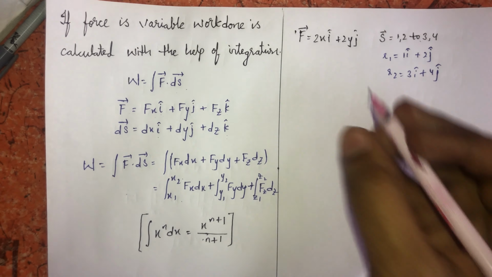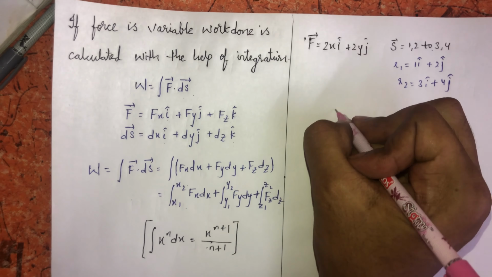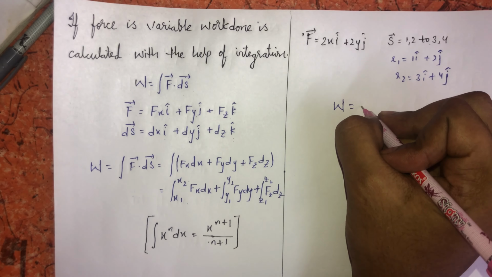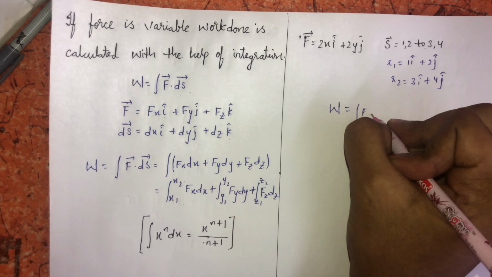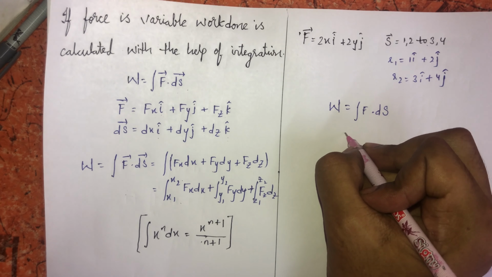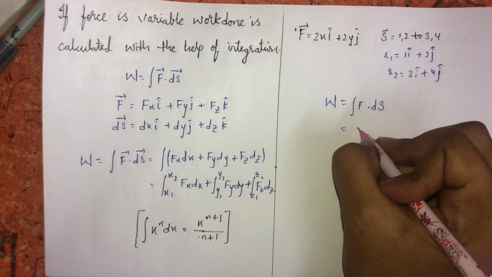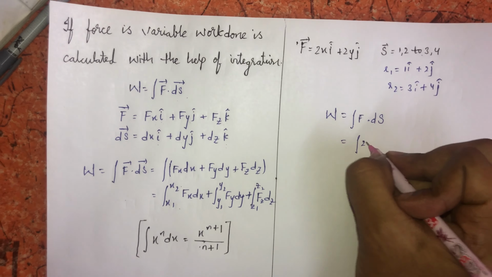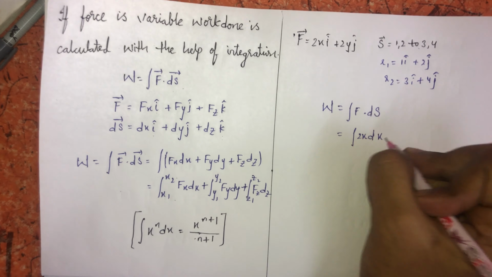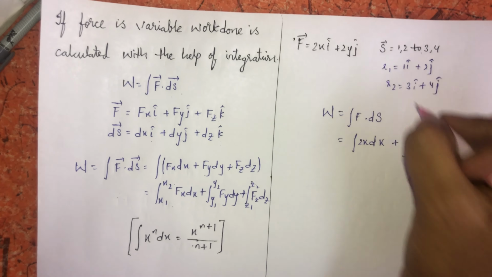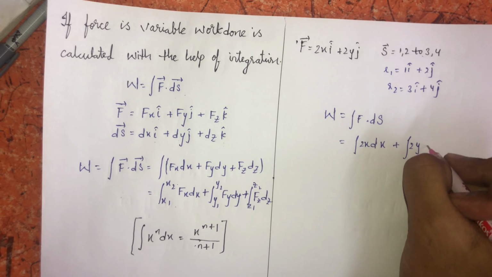Then work done will be equal to the integration of F dot ds. Work done will be equal to the integration of 2x dx plus the integration of 2y dy.